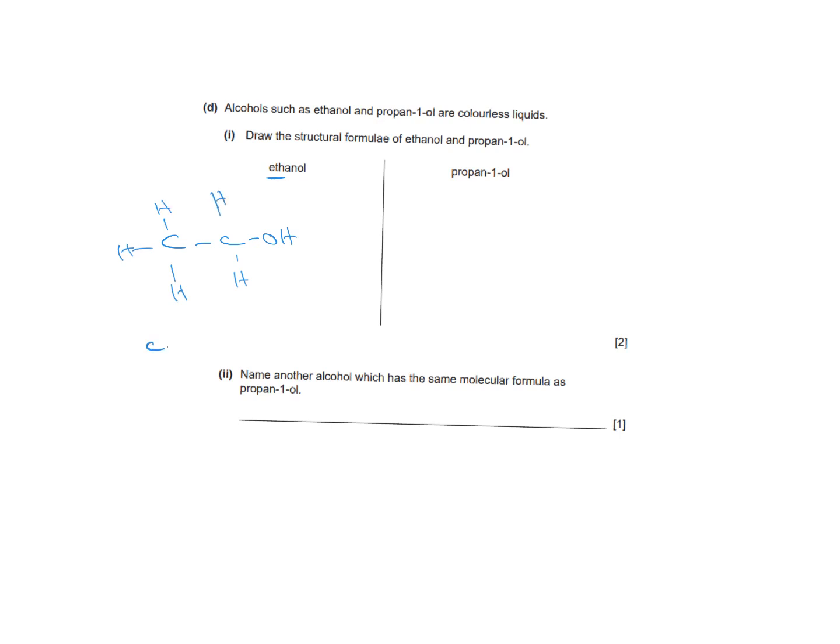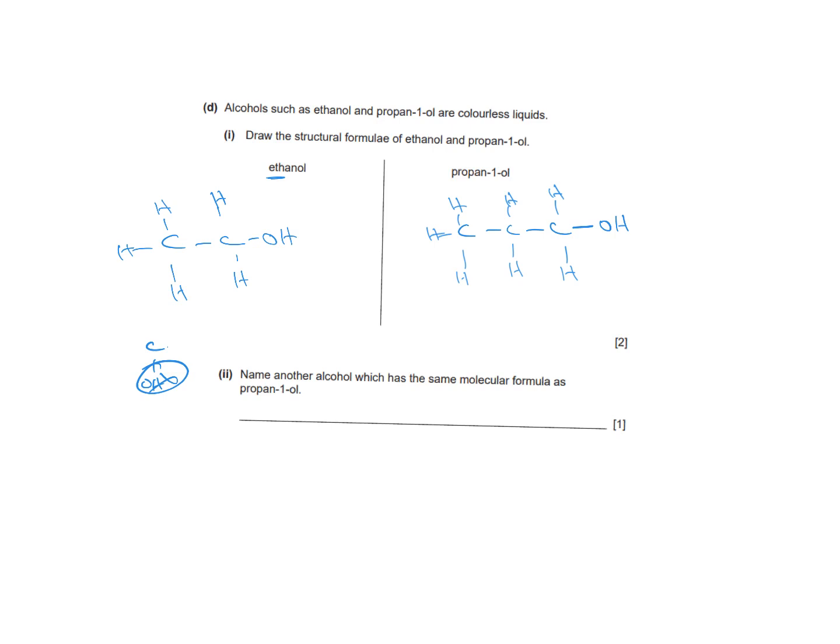So again, just be careful here that you don't do this type of thing, because obviously that's wrong. And then propan-1-ol, 3 carbons. The OH is on carbon number 1. Again, you could put it here, or you could even do it on this side. And then surround it with hydrogens. Like so.